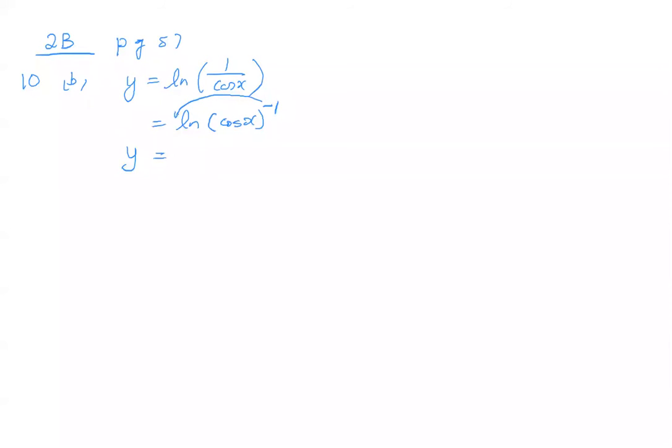Okay, so I put -1 times ln cos x. So when you differentiate ln, what happened? You have the fraction, correct? So the bottom I must put cos x. You go back to this formula.